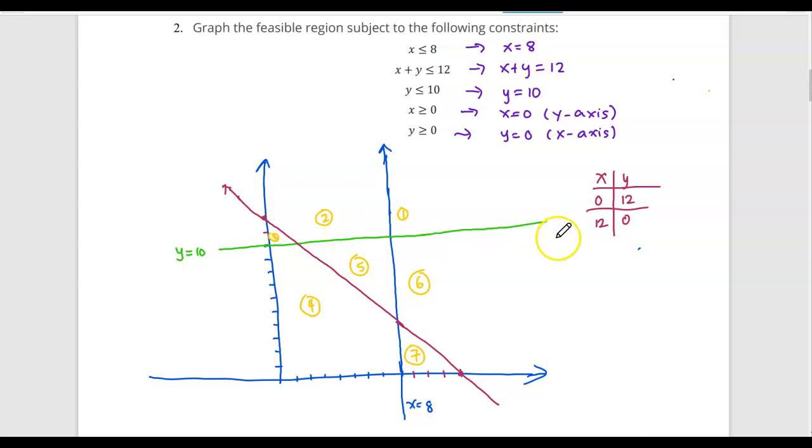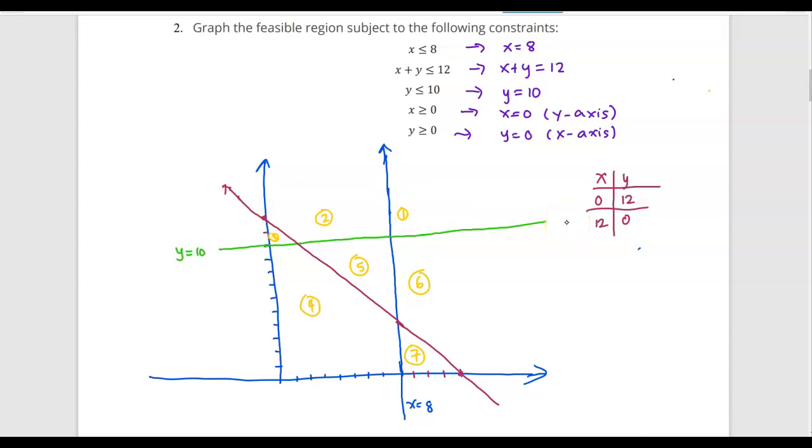We are going to get representative points on our regions to determine which one is the feasible region. Okay, let's try with region 1. For region 1, we know that x should be greater than 8 and y should be greater than 10.